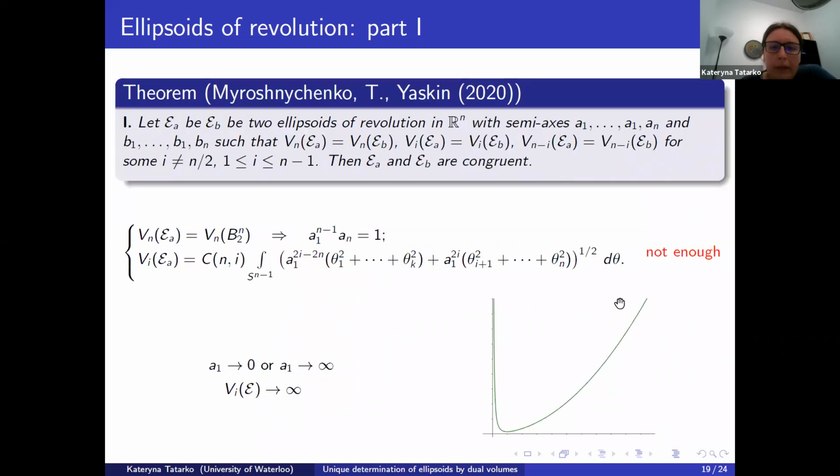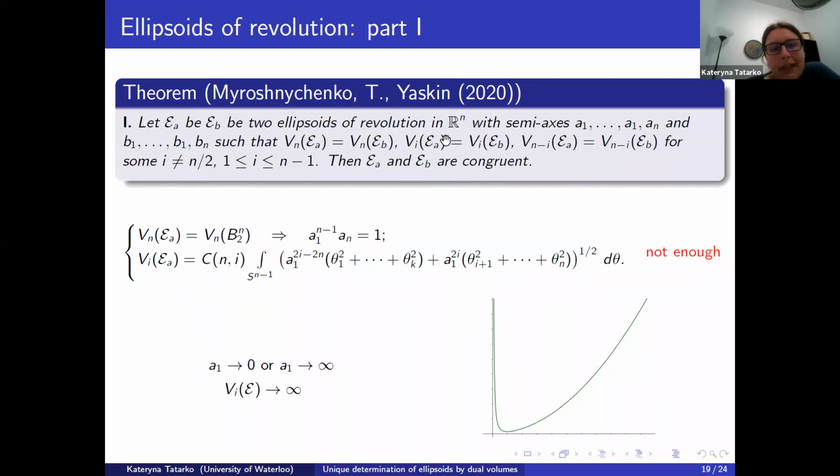The one remark I want to make before proving the following result is that ellipsoids of revolution are actually determined by two distinct parameters. So they have two semi-axes that are distinct. In this case, I call them A1 and AN. But in the theorem, we ask for 3 conditions instead of 2 conditions.